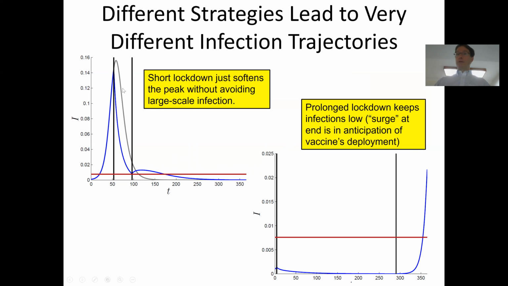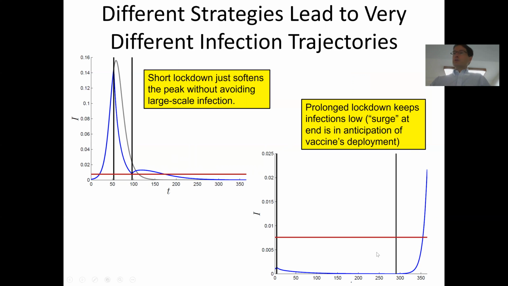It's just a softening. And then the other interesting thing is that the optimal trajectory for the number of people who are infected bounces back up at the end of the lockdown. So a resurgence in the number of people infected can actually be optimal. Here it's a small resurgence, but with other parameter values, it can be a bigger resurgence.